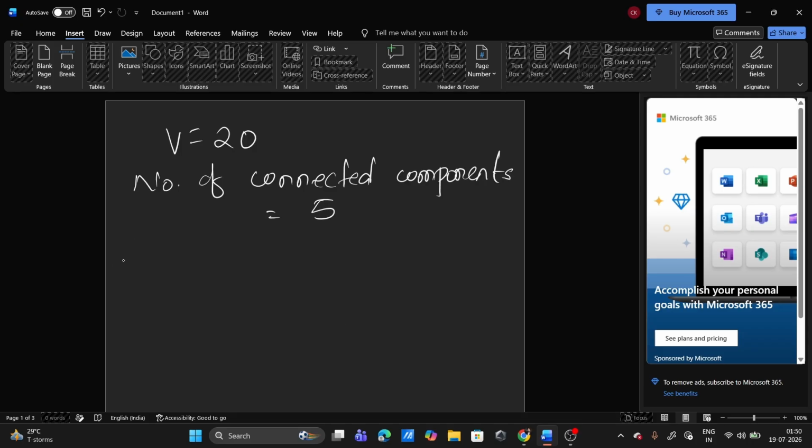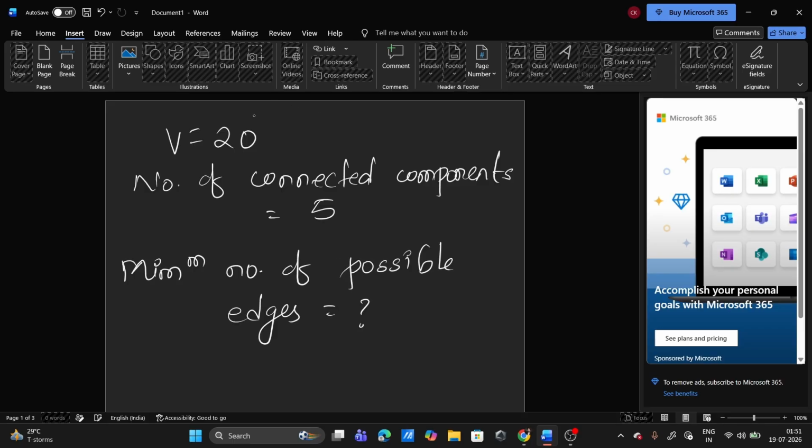What do we need to find? The minimum number of possible edges. This is an undirected graph.